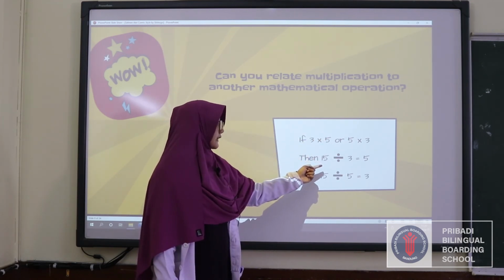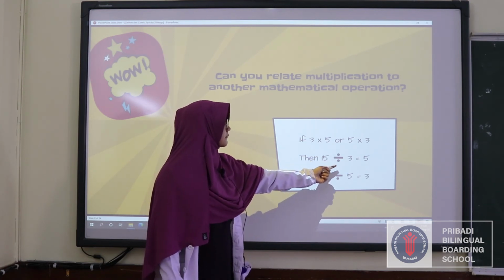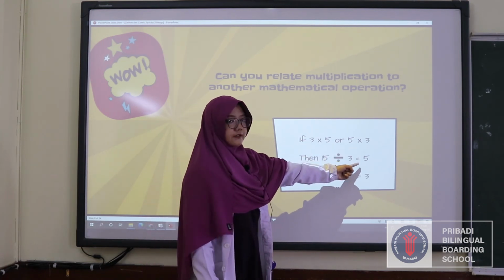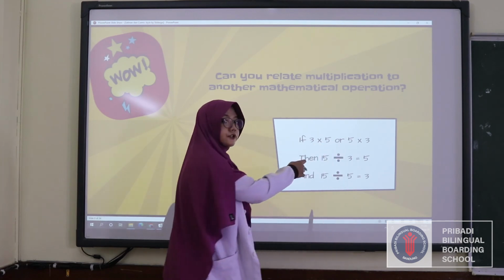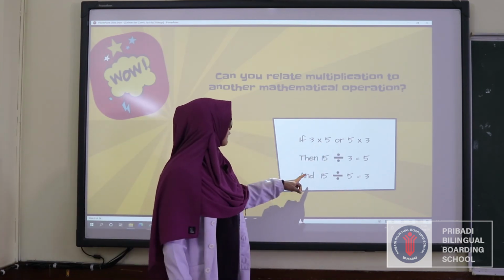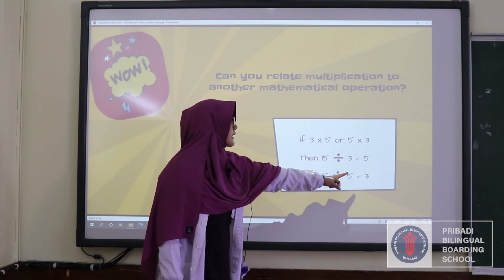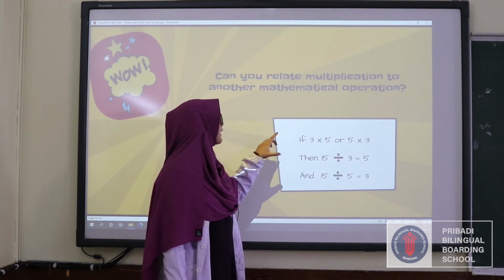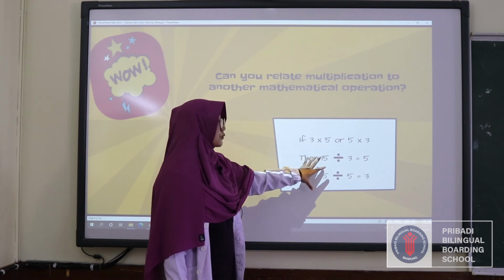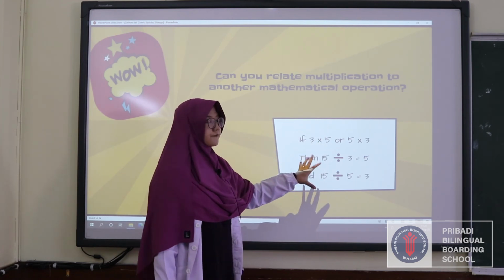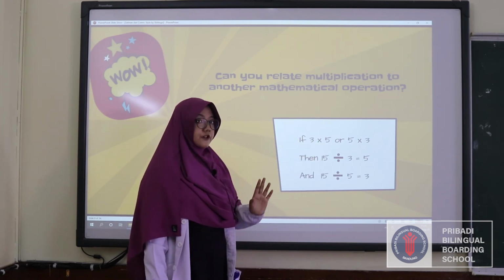Then 15 divided by 3 will be 5. So these numbers are related to each other, right? And 15 divided by 5 will be 3. So this means that you can invert from multiplication to division.